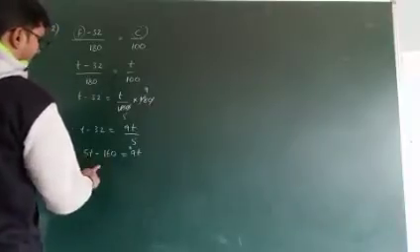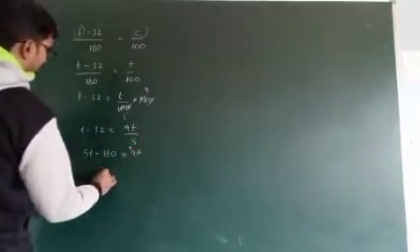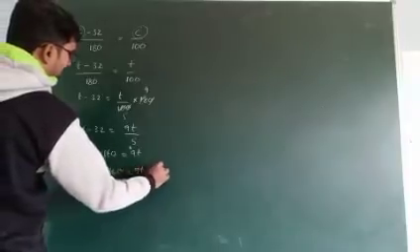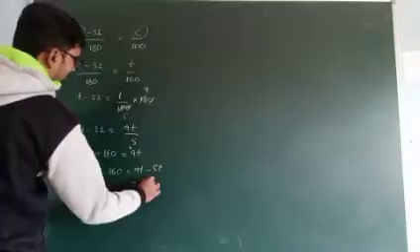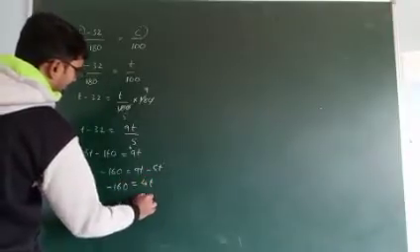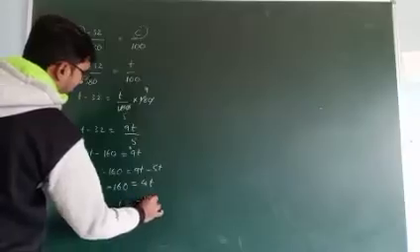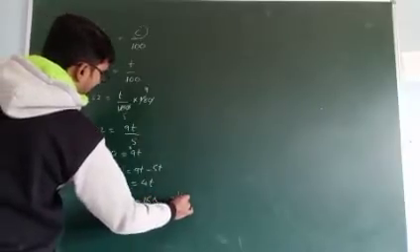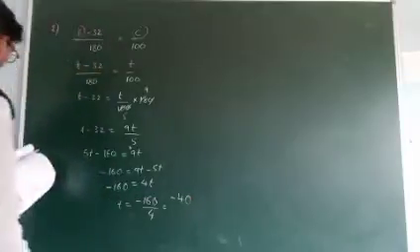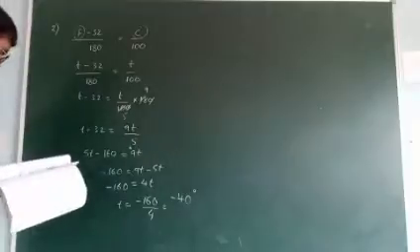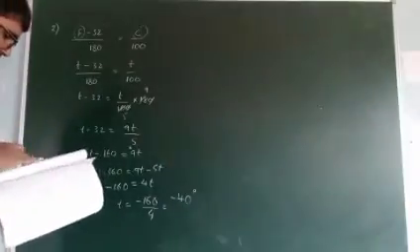Now 5T moves to that side: minus 160 is equal to 9T minus 5T, so this is equal to 4T. Then T is equal to minus 160 by 4, so minus 40 degree centigrade. This is the second one's value.